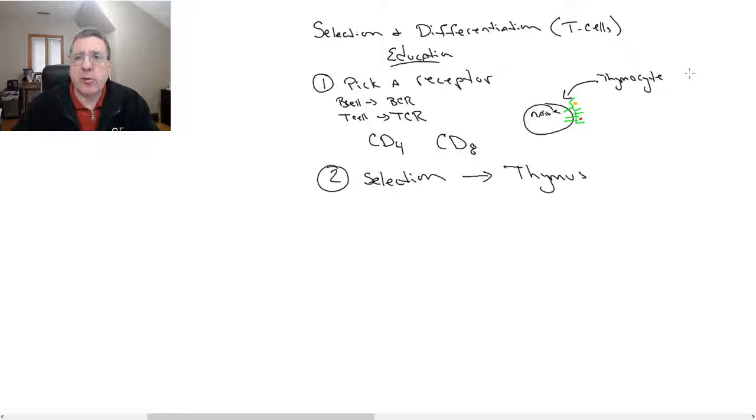What happens in this process is they undergo a two-step process. So we'll do 2A as your first process, and this is going to be positive selection.